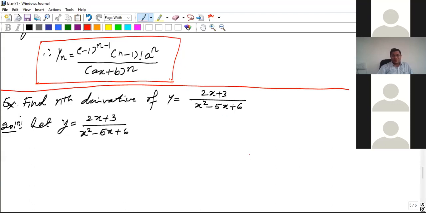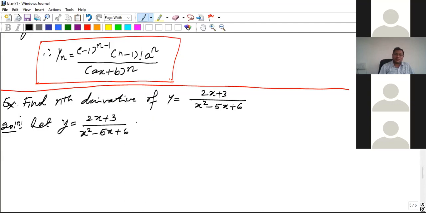You can split the upper term also, that's correct. But think of the denominator. One thing you can do is use the u upon v formula, but that will become more complicated. So think of the denominator and see whether we can factorize it.